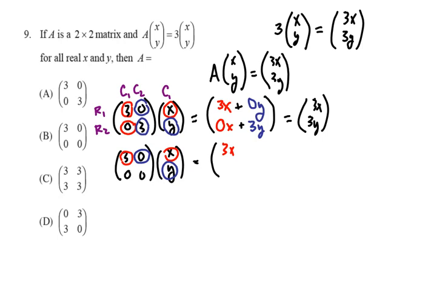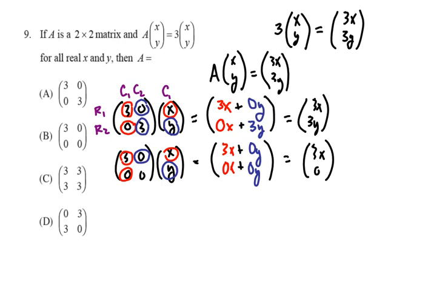Now you should see when you multiply the first element in the second row of the first matrix by the first element in the first column of the second matrix, you're going to get 0x, and then you're going to get 0y. So that doesn't match what we need.